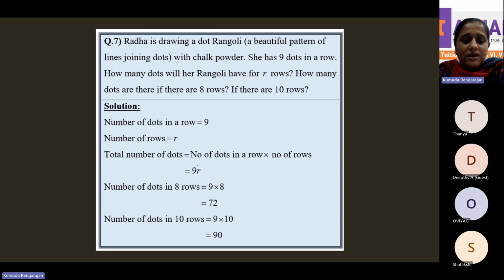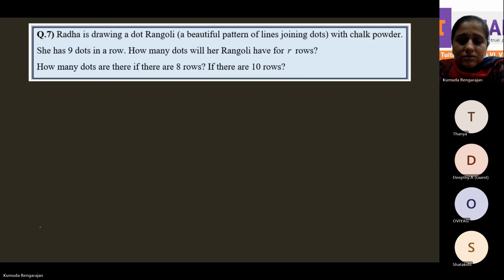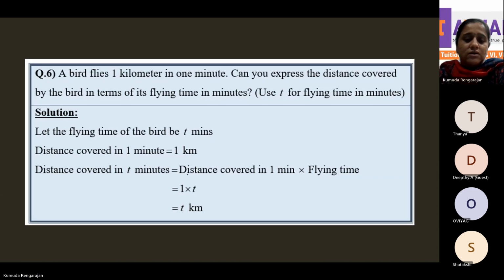Here, 9r is an algebraic expression where 9 is the constant and r is the variable, and the operation is multiplication. Here there's only the variable t. That's also fine. It's not mandatory that there should be a constant. The constant may or may not be there.